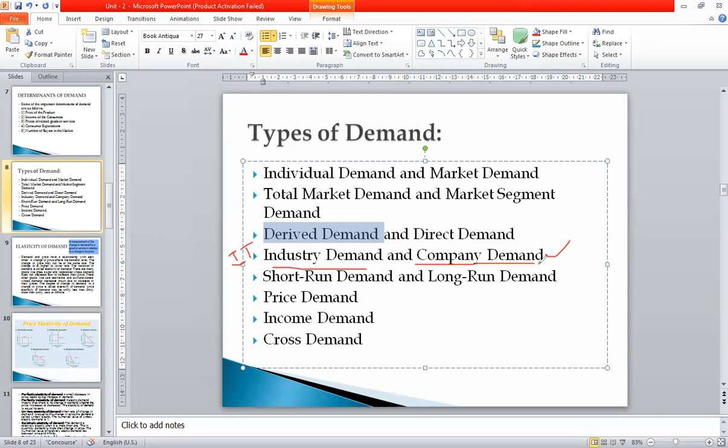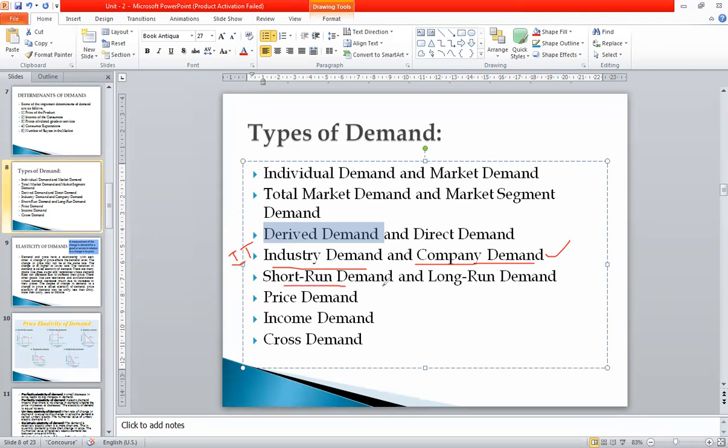The cell phone industry or the electronics industry altogether is industry demand.